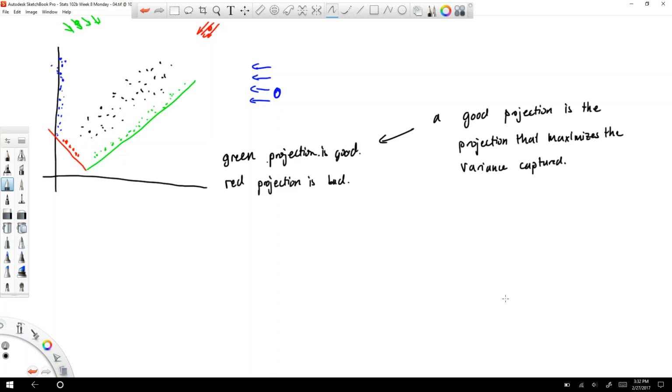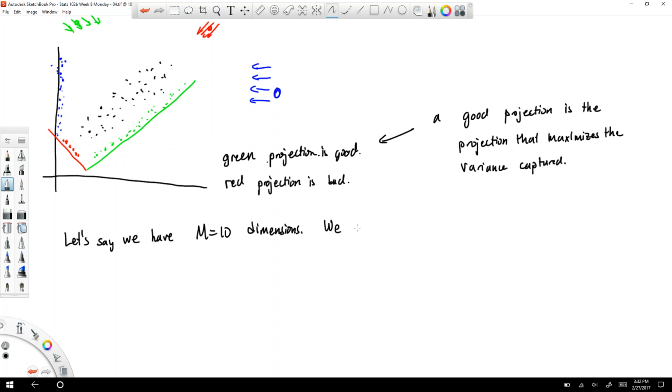Okay, so let's say we have m equal to 10 dimensions.